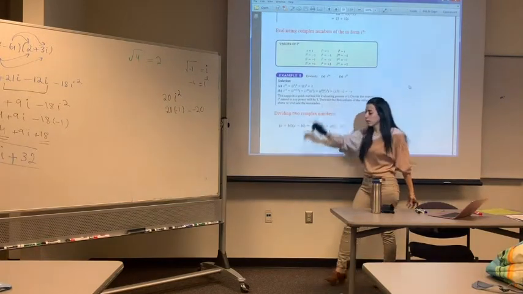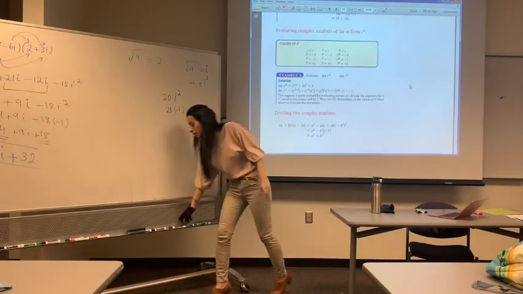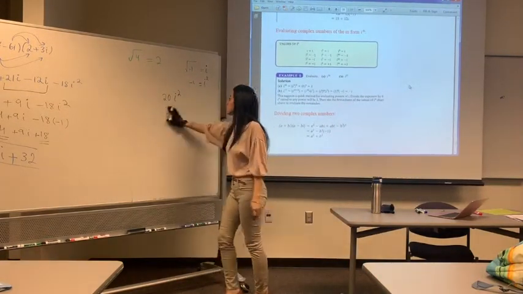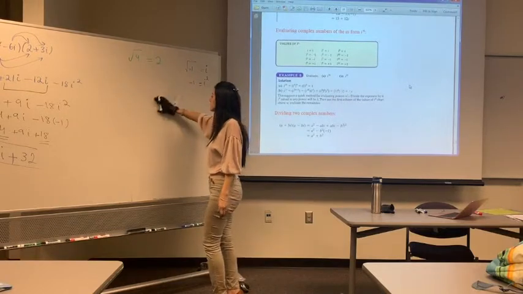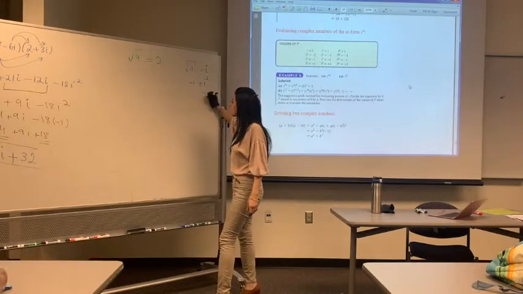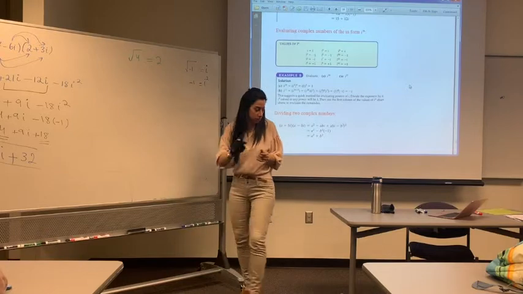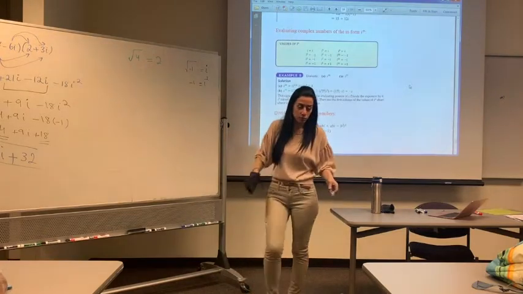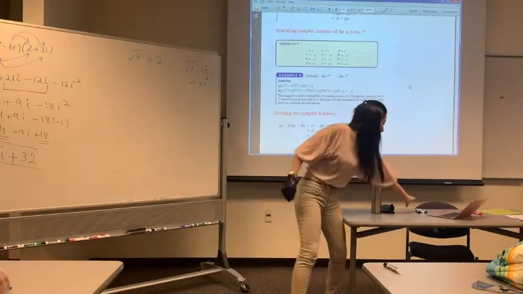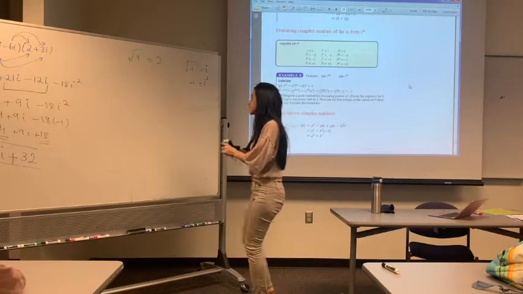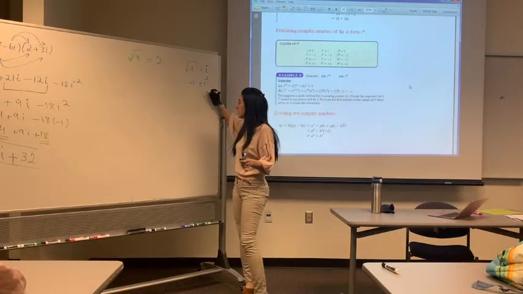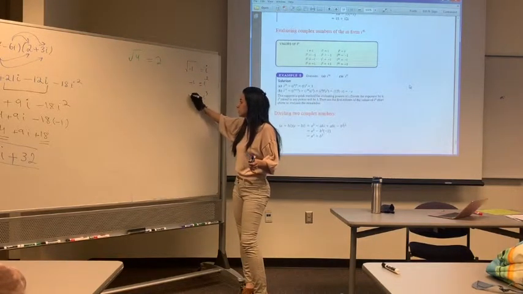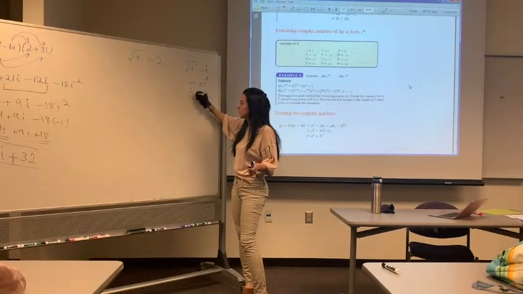These are the list of i squared, i to the power 3. So let's see what happens. So i to the power 3 is equal to i to the power 2 multiplied by i.